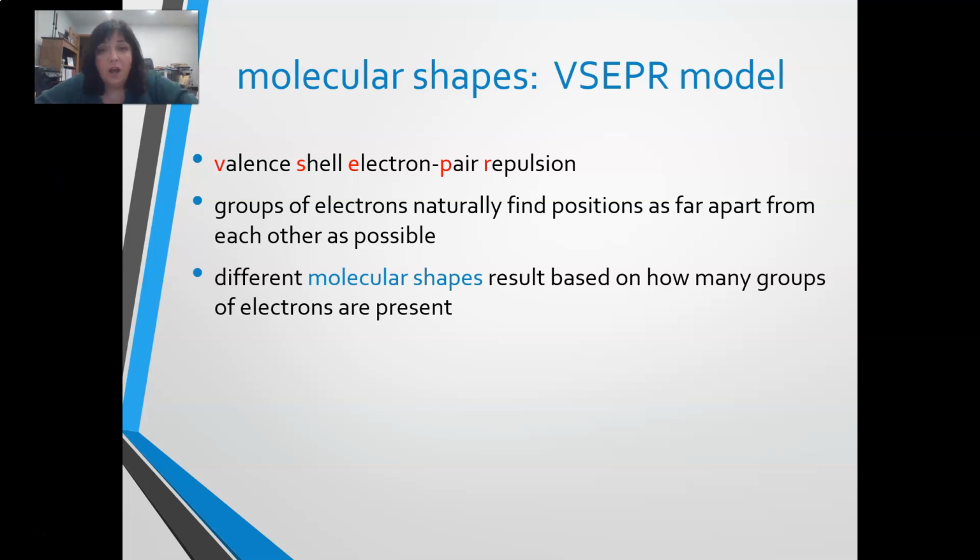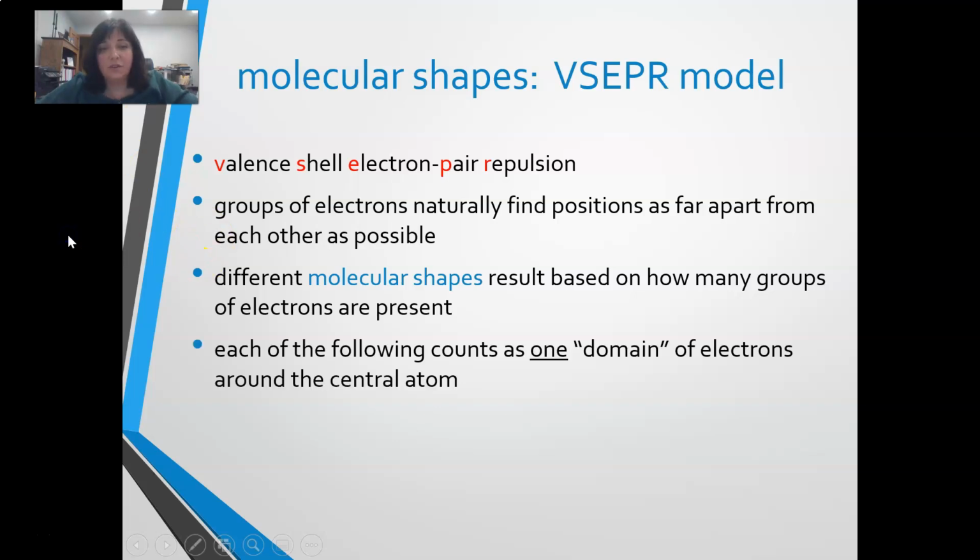The number of domains is going to dictate what kind of shape you wind up with. When I say an electron domain, I mean a couple of different things. You could have a lone pair of electrons. For example, on this structure, I'm representing a lone pair with a small little white atom, or piece of plastic, really. You can have a single bond where you're sharing one pair of electrons.